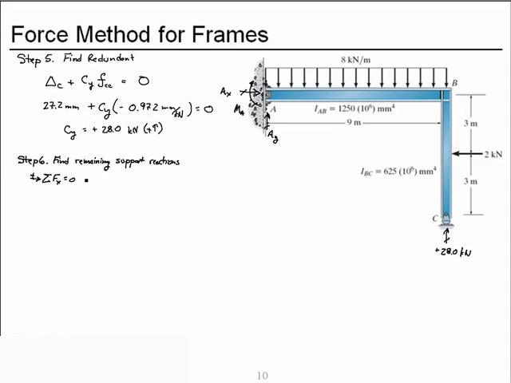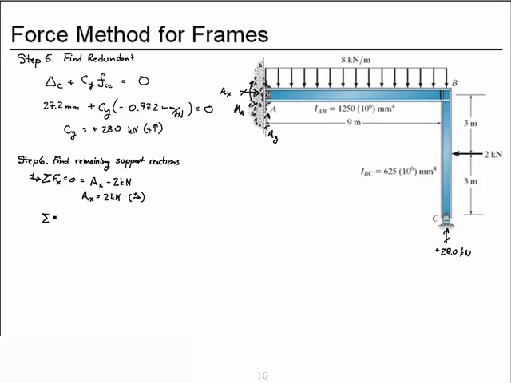We'll take to the right as positive. We get AX minus the concentrated force, and AX must be 2 kilonewtons to the right, as drawn.